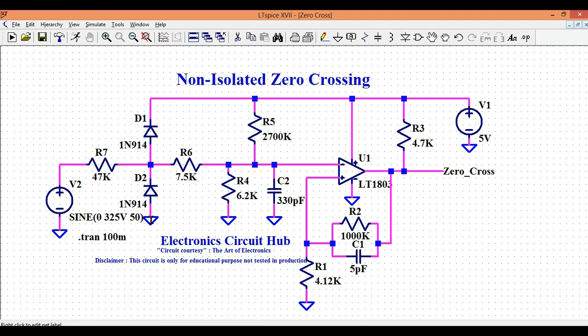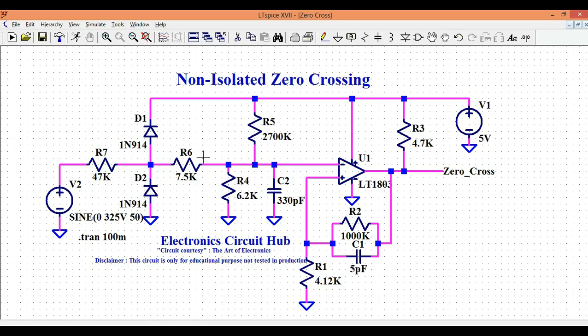So this is going to clip your voltage higher than, let's say, 5.6 volt, and any voltage less than minus 0.6 volt, the forward voltage of D1 and D2.